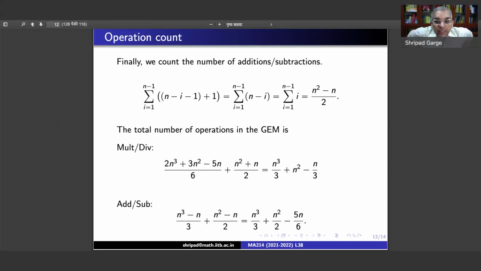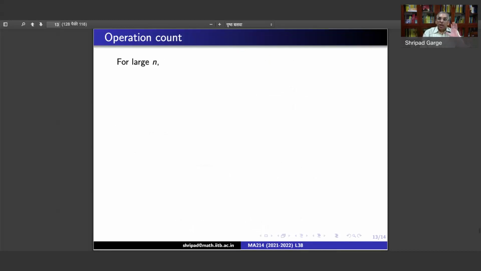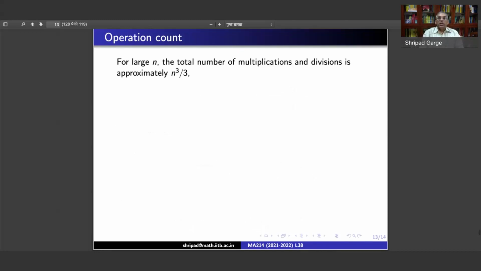So we see that the n cube by 3 is the dominating term. It's going to be a polynomial in n, that is not surprising, but this is the dominating term. So for large n, the total number of multiplications and divisions is approximately n cube by 3. The other terms will fade away.